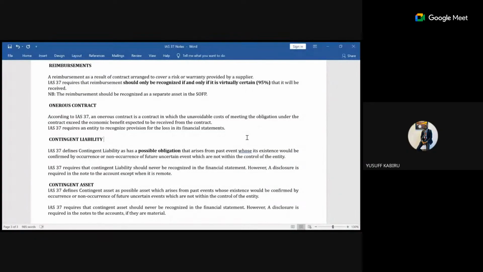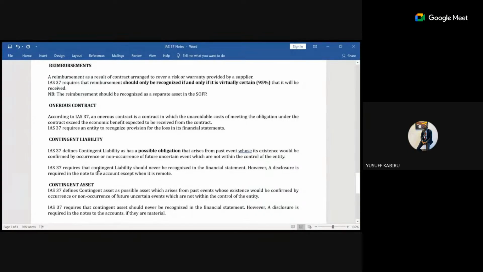And that's why IAS 37 defines contingent liability as a possible obligation that arises from past events whose existence will be confirmed by occurrence or non-occurrence of future uncertain events which are not within the control of an entity. That's the definition according to the standard. So IAS 37 requires contingent liability should never be recognized in the financial statement.